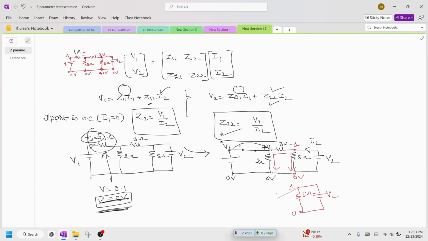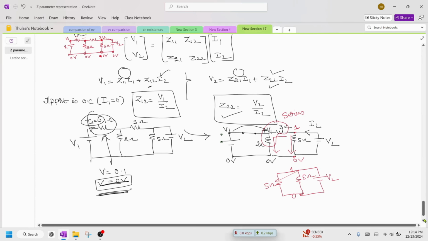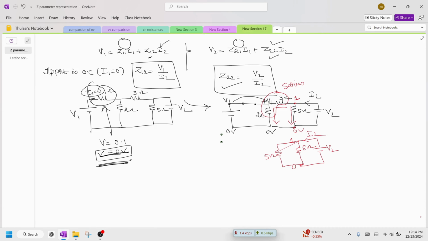You can see here these two are connected in which connection? Series connection. Whenever they are connected in series, this is nothing but sum of resistors. 3 plus 2 is 5 ohm. Okay, and you can see here again the current I2 is flowing, and the current will flow across this resistor and this resistor.